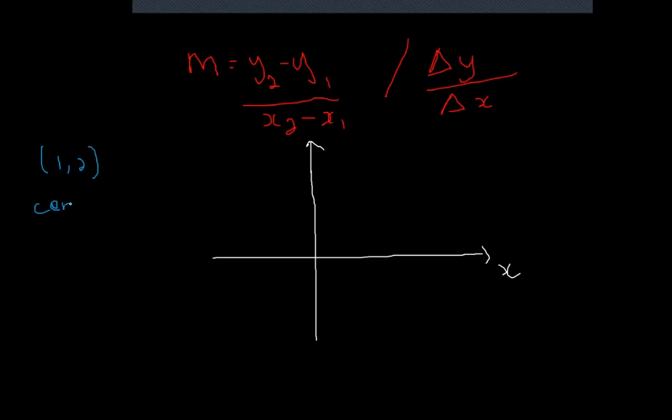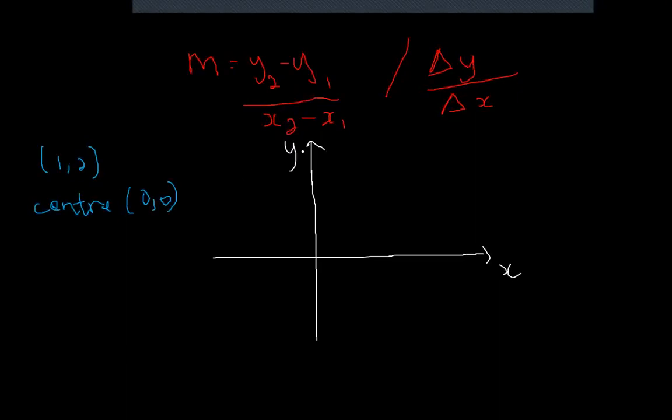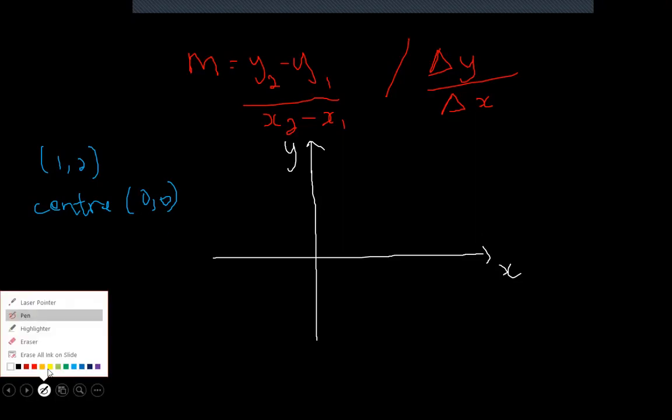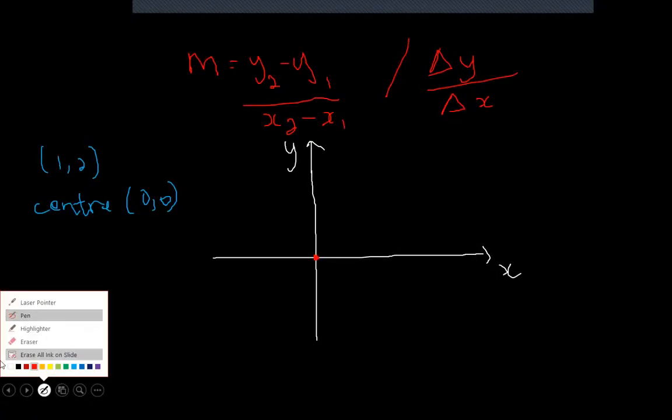Center, 0, 0. This is my y-axis, this is my x-axis. The center 0, 0, that's the origin, and the origin is always here. This intersection between the y-axis and the x-axis. And they told us that the given point is 1, 2.